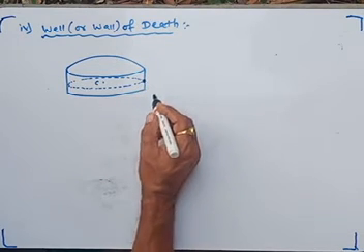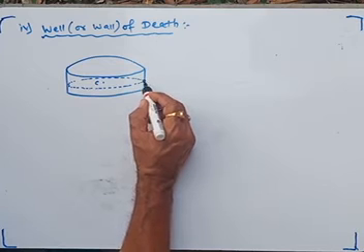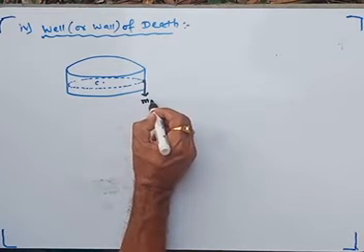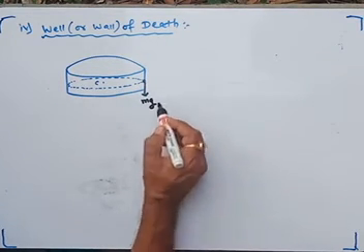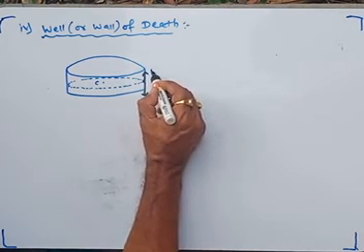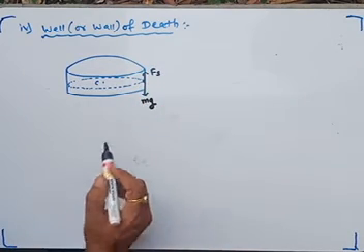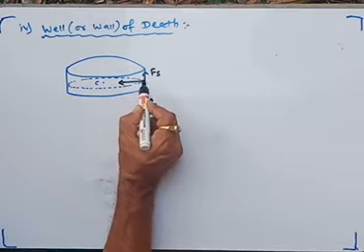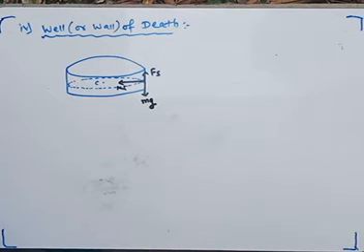Now we consider three forces. mg, weight, which acts in downward direction. Fs, force of friction, which acts in upward direction. And N, normal reaction, which is in horizontal direction.